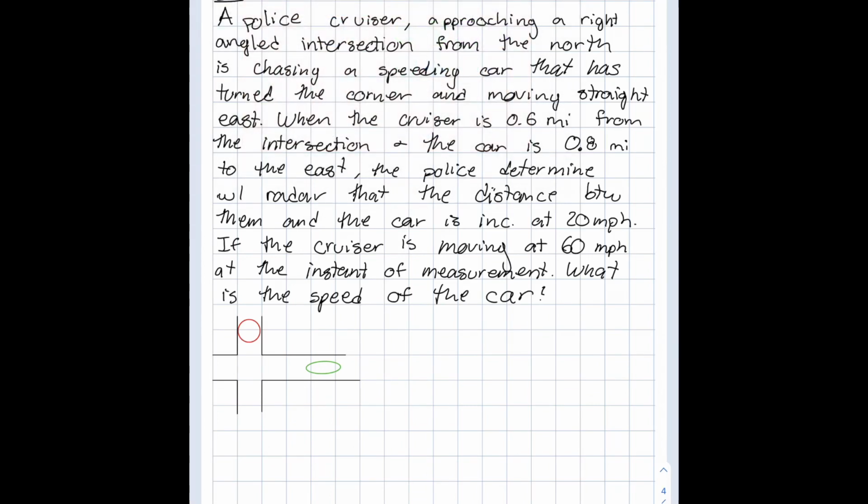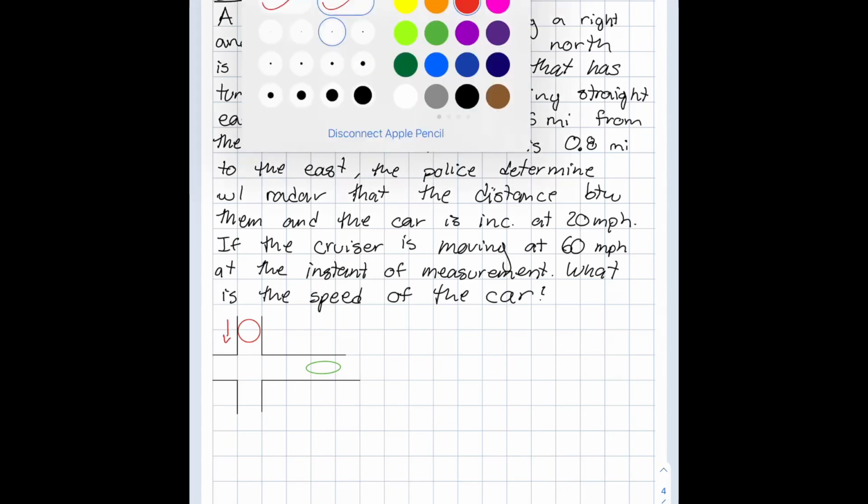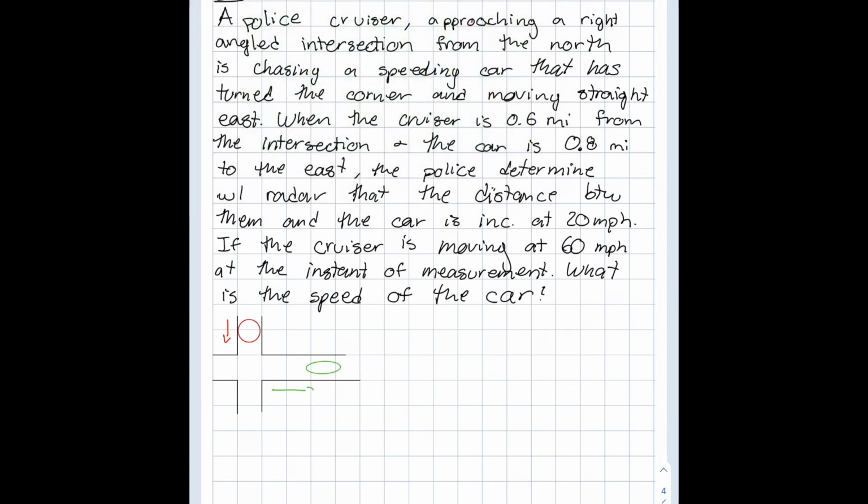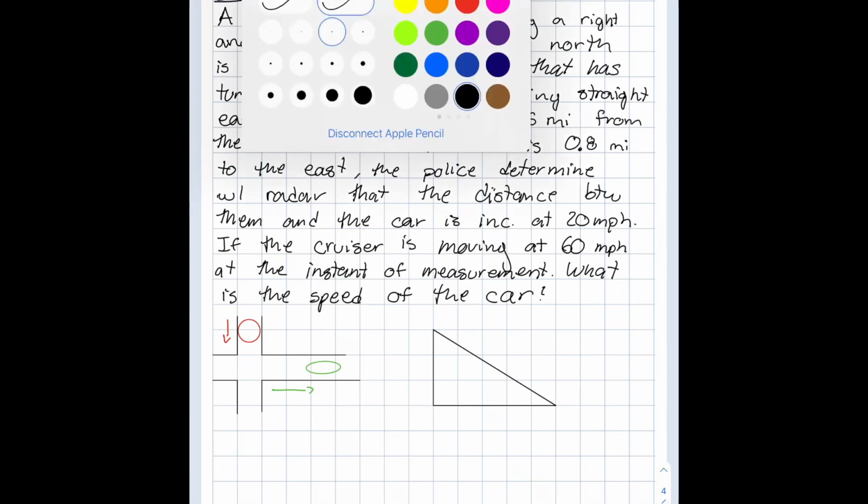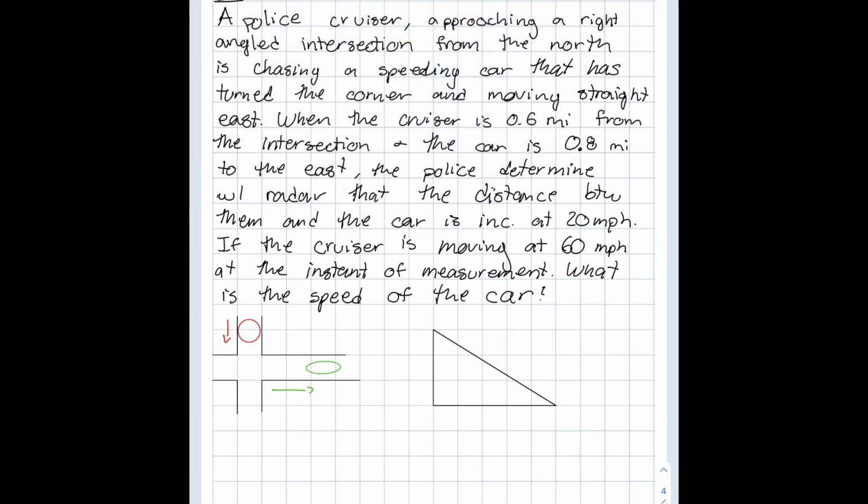The red car is going down, and the green car is going out this way. We can also redraw it and do something a little abstract. This point is the intersection, call that INT. This is going to be the green car, and this is going to be the cruiser at this point.